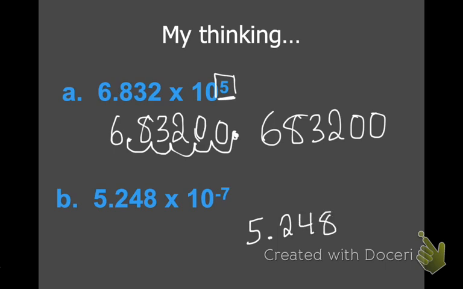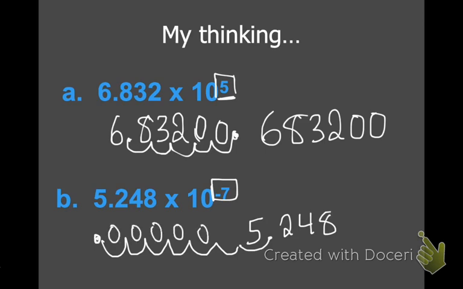On the converse, when it is a negative exponent, I'm going to be moving to the left because I'm going to be making this a decimal and really, really, really small. So I'm going to go 1, 2, 3, 4, 5, 6, 7. My decimal goes here, and I'm going to add a bunch of zeros. 1, 2, 3, 4, 6 zeros.